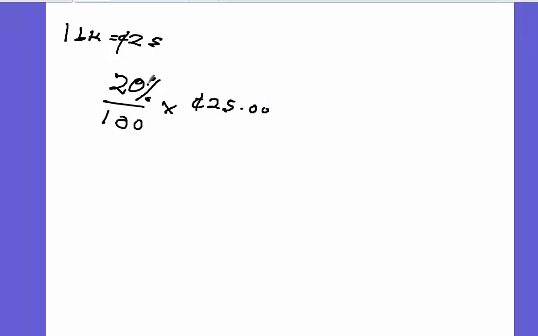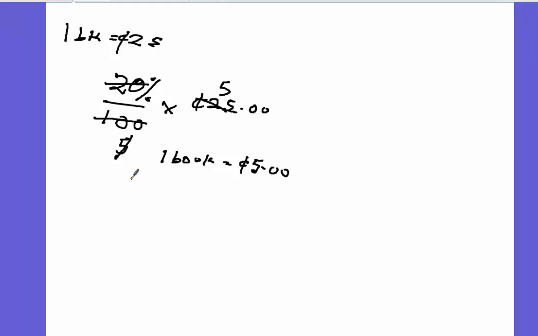Of course, this 20 will cancel out the 100 to give me 5, right? This 5 will cancel the 25 to give me 5. Therefore, for one book, the author is taking 5 cedis per book.